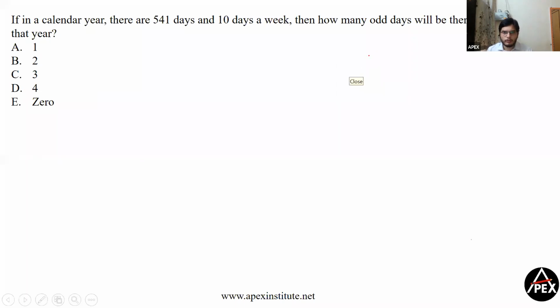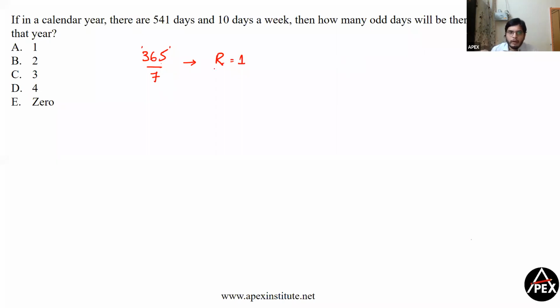2. No. How will we determine the number of odd days in a general year? Okay, what did we do? For a normal year, we have 365 days. To determine the number of odd days, we divided this by 7 and found the remainder, which is 1. So what was followed here?